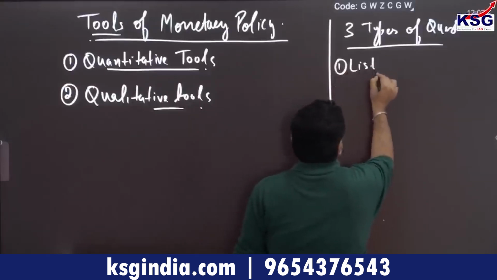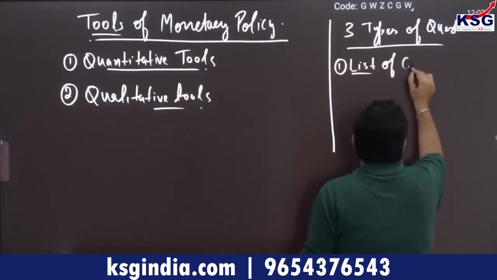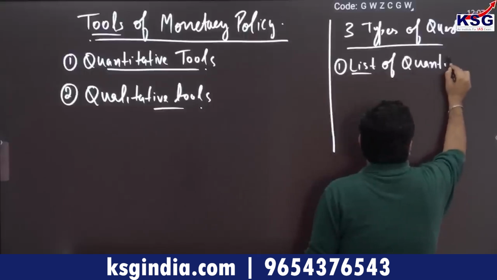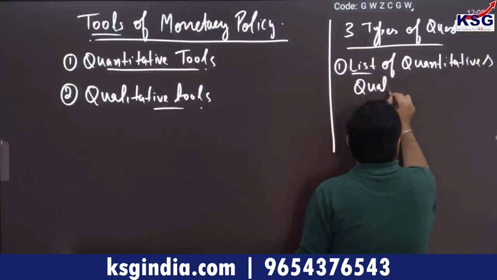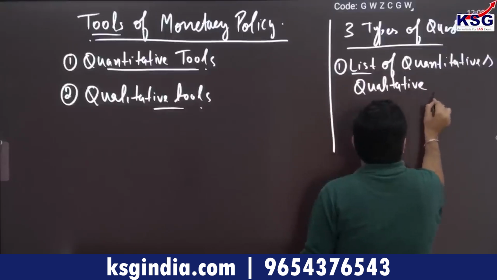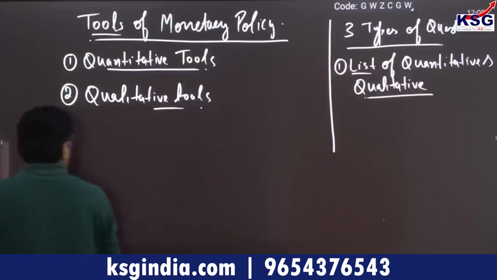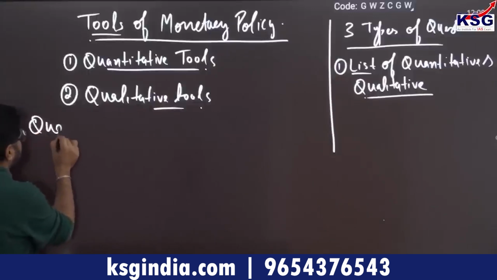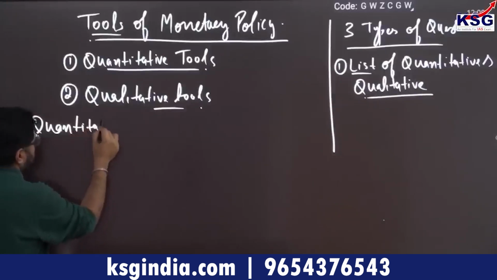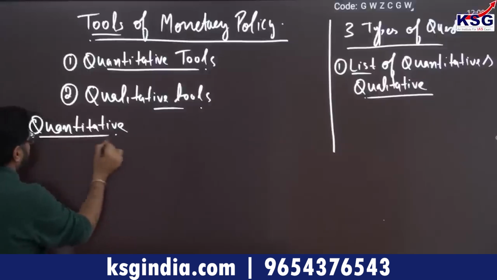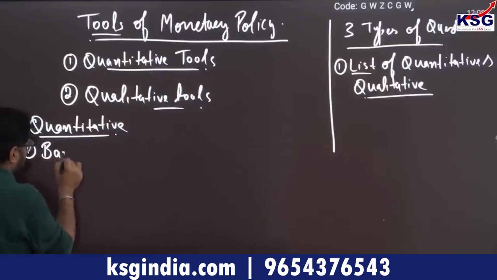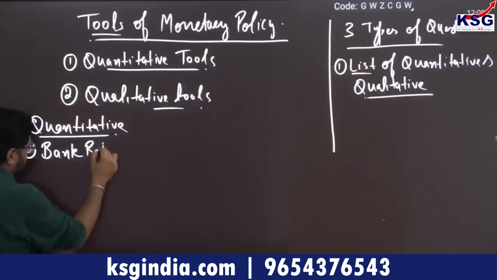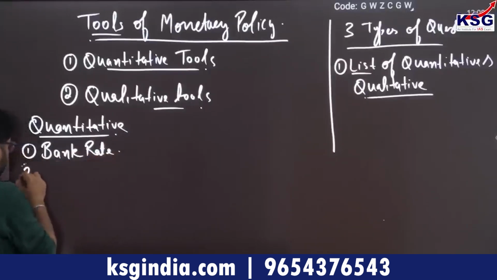List of quantitative and qualitative tools. Okay, so if you see quantitative tools, number one is bank rate.